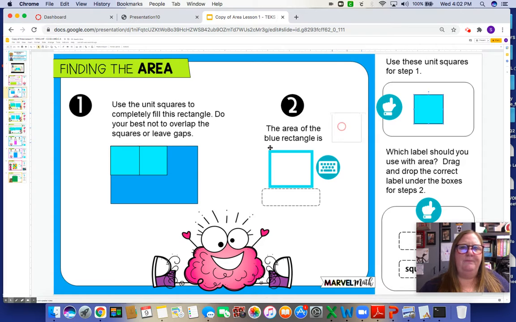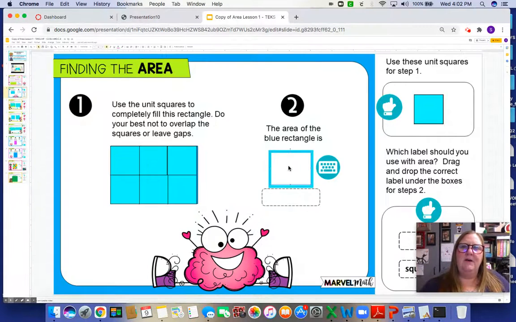2, 3, 4, and it doesn't have to be perfect. 5, 6. All right, so if I counted these square units, I would do 1, 2, 3, 4, 5, 6.